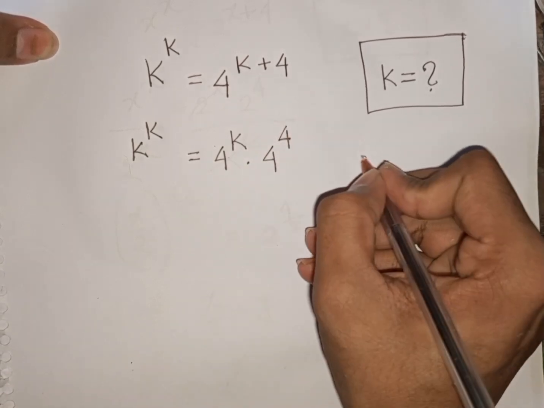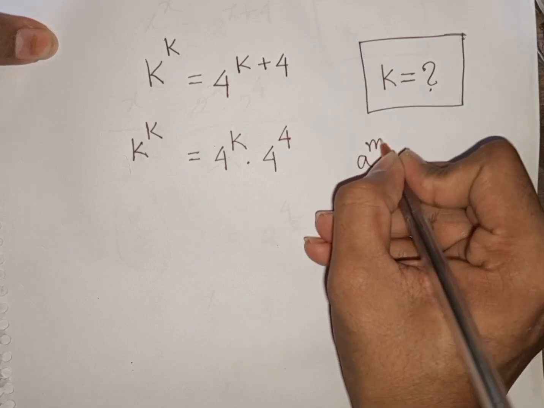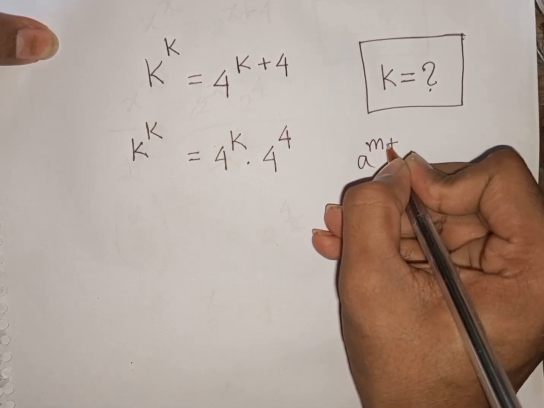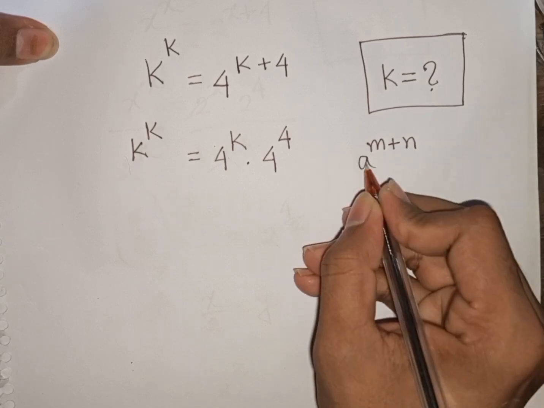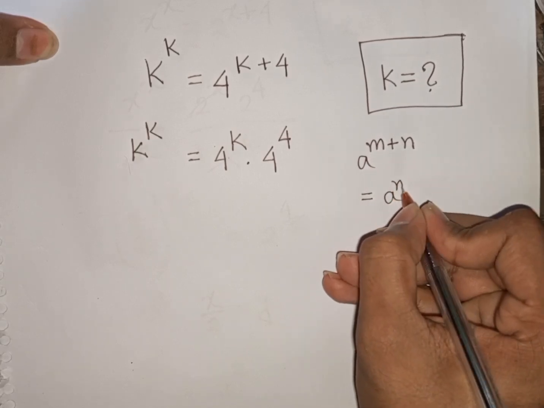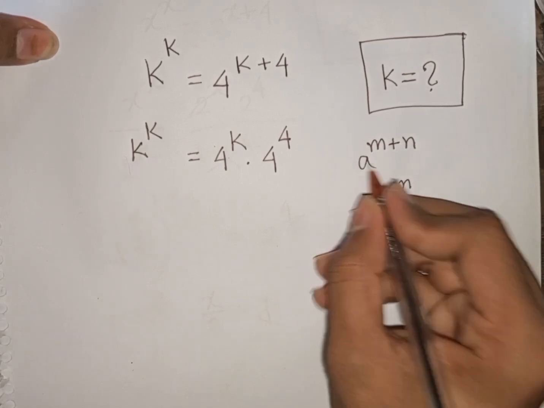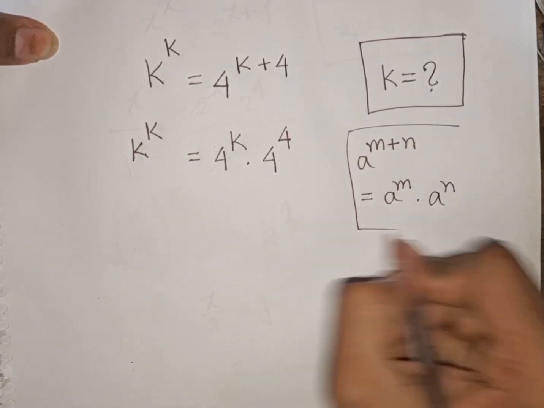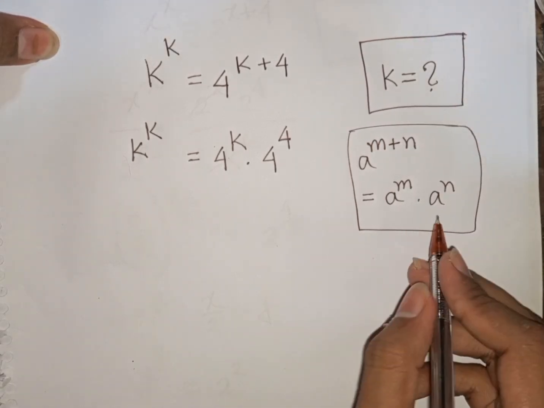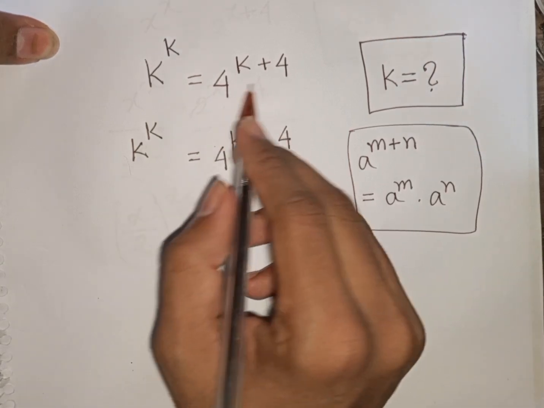According to this exponential rule, a power of m plus n is equal to a power m times a power n. So this rule is applied here.